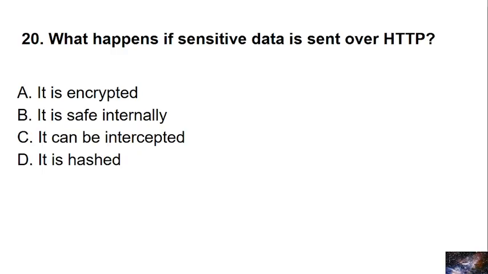Okay, question number 20. What happens if sensitive data is sent over HTTP? A, it is encrypted. B, it is saved internally. C, it can be intercepted. D, it is hashed.